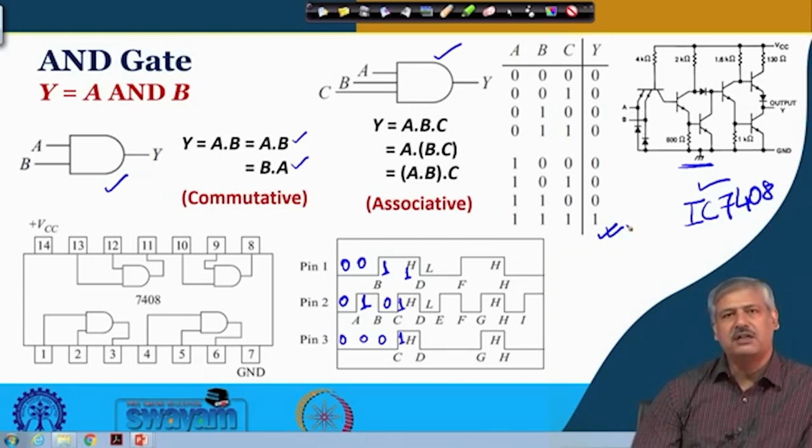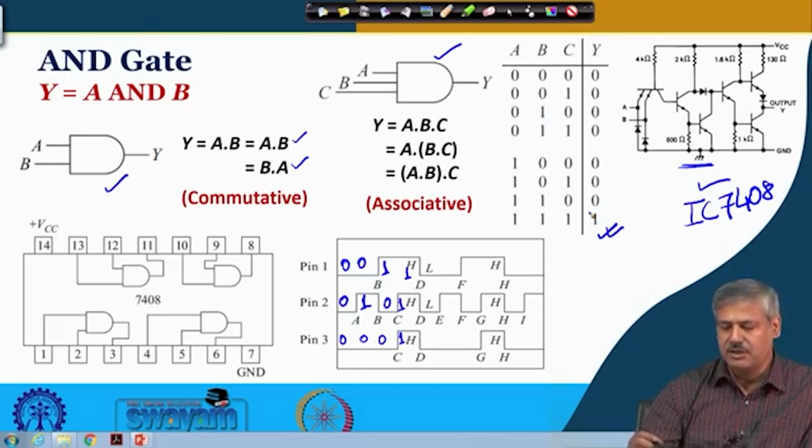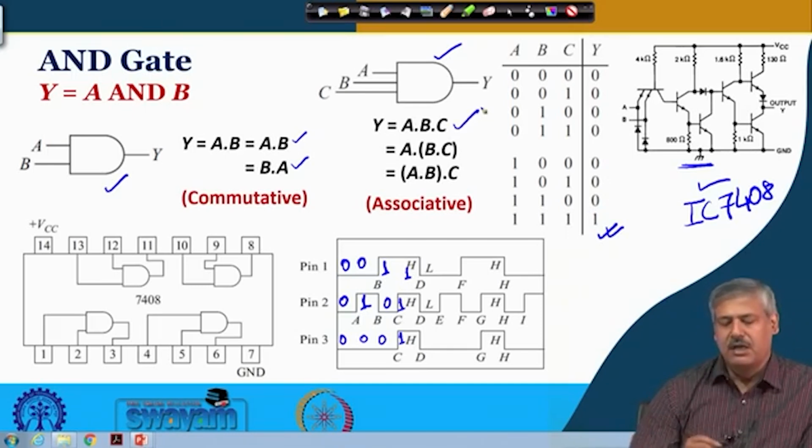With 3 inputs, there are 2 to the power 3, 8 different possibilities of the input arrangement, and for each of these cases except when all the inputs are 1, the output is 0. That is what you see over here. So, that is the operation, and y is equal to ABC.